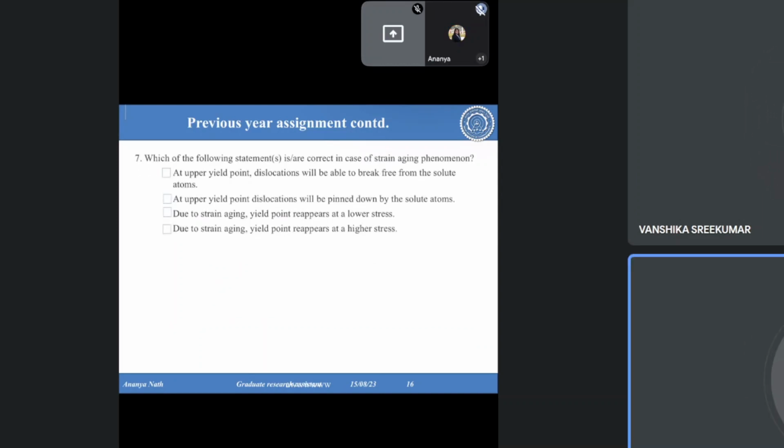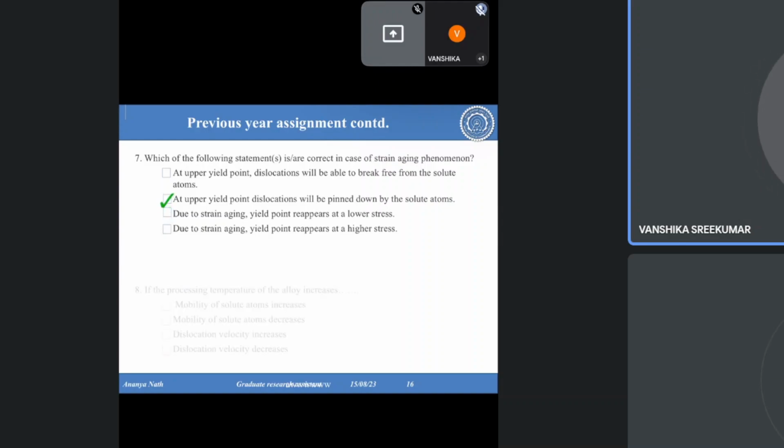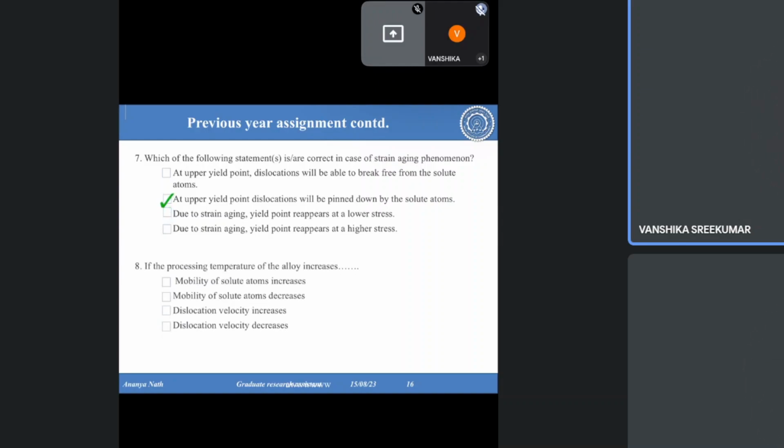Which of the following statements is or are correct in case of strain aging phenomena? At upper yield point, the dislocations will be pinned down by the solute atoms, and due to strain aging, the yield point reappears at a lower stress.